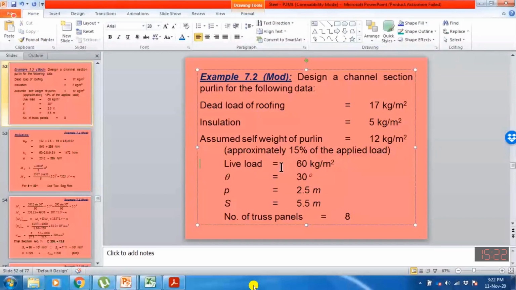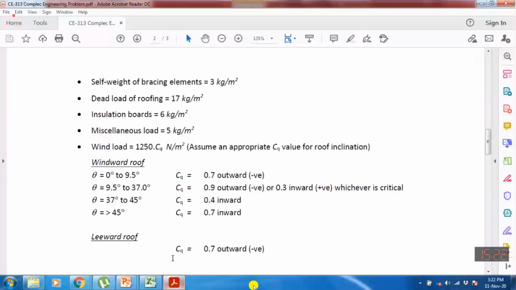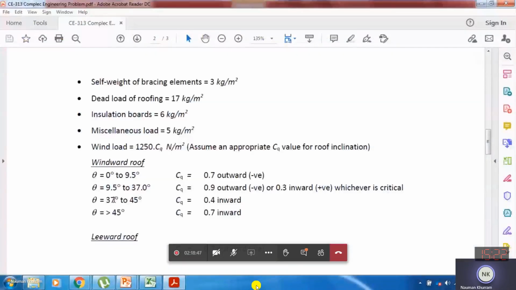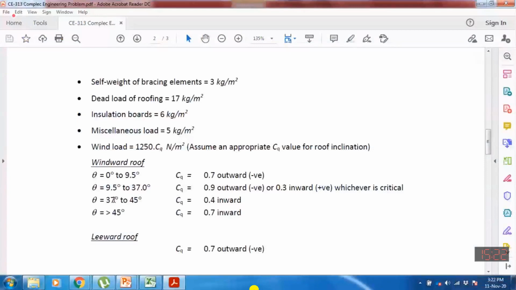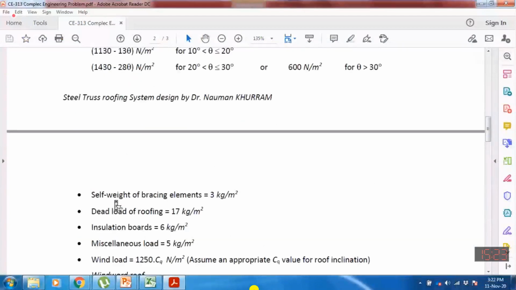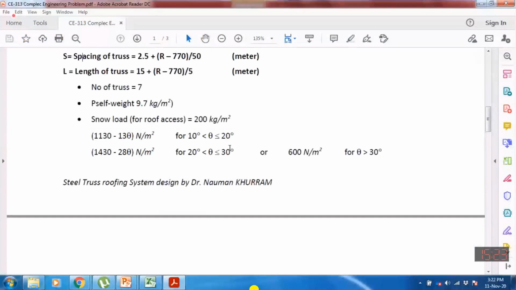Live load, you will compute depending upon the inclination of our roofing truss. In this question, our inclination is given as 30 degrees. If the inclination of the roofing system is 30 degrees or more, we have to assume a snow load of 60 kilogram per meter square, or 600 Newton per meter square.